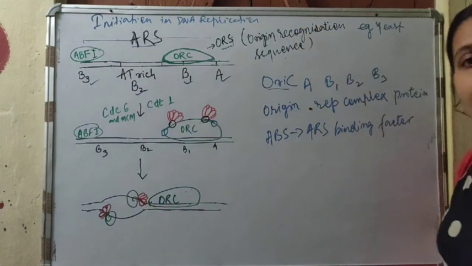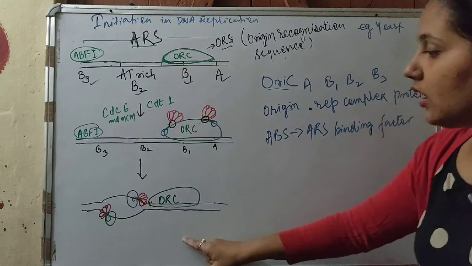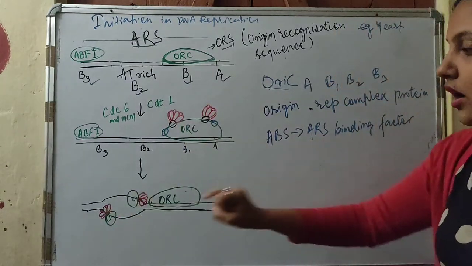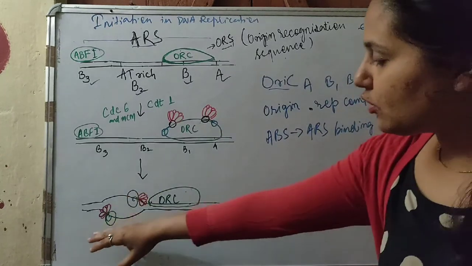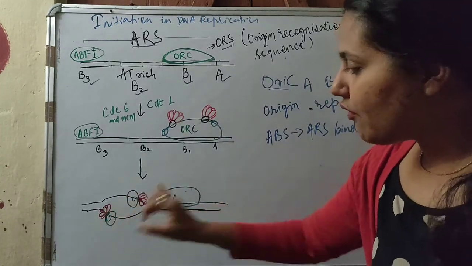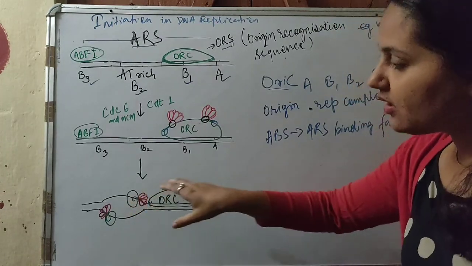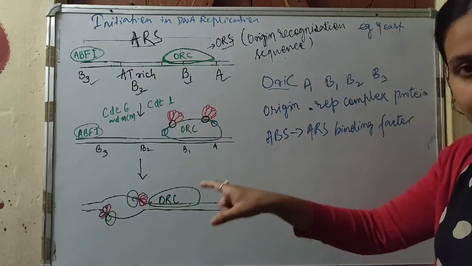They have formed a replication bubble. As the replication bubble is formed, the helicase will go and sit in each of the forks, where the unwinding of DNA will take place. From the fork, unwinding of the DNA will take place.